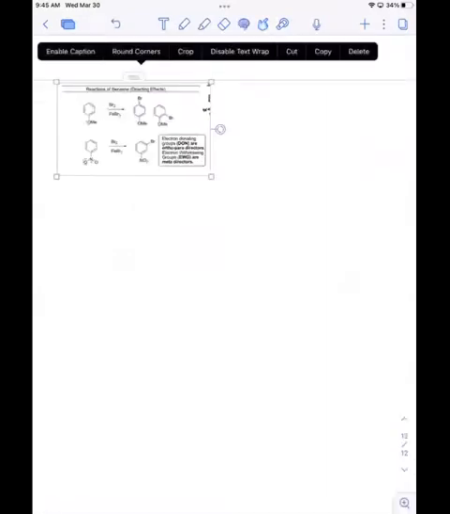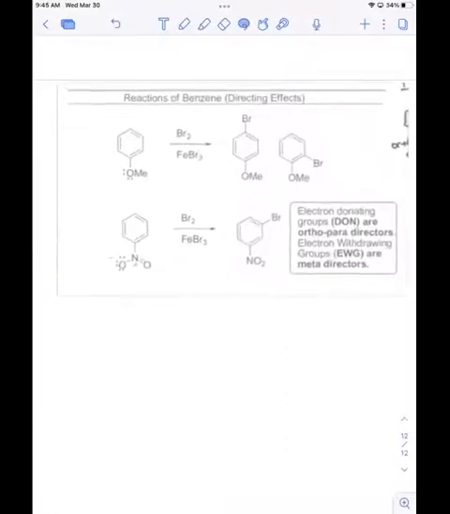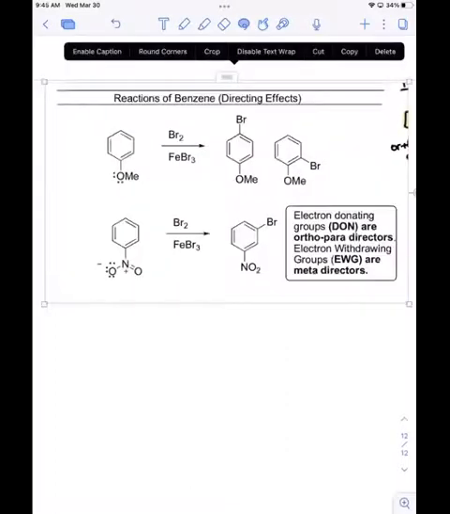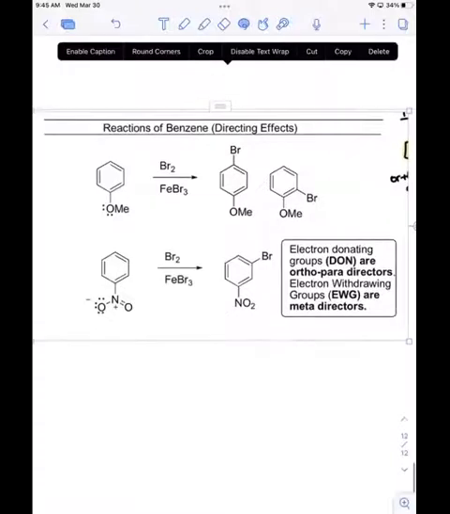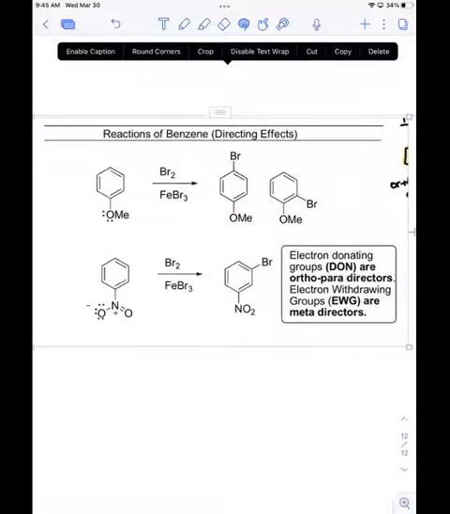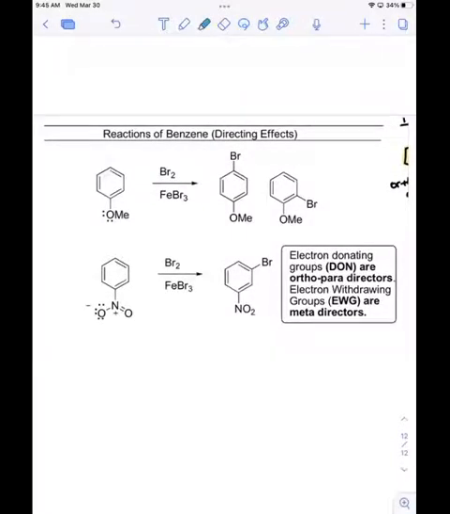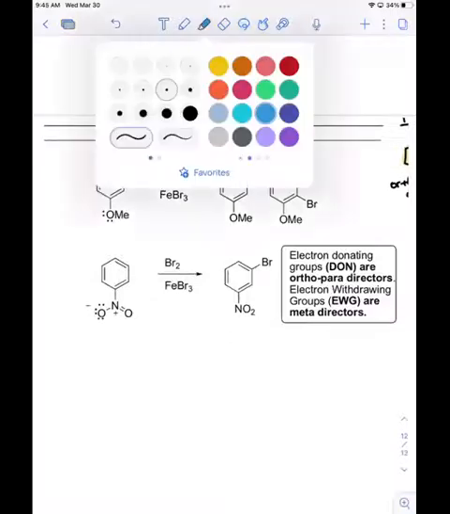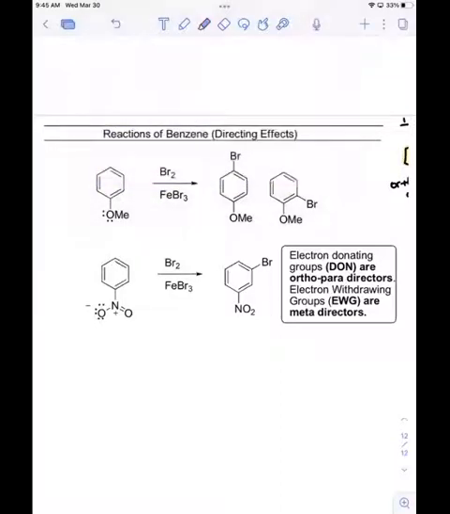I'll put it on this page right here. This is important because depending on what's on the ring before the reaction, that's going to determine how the reaction happens.